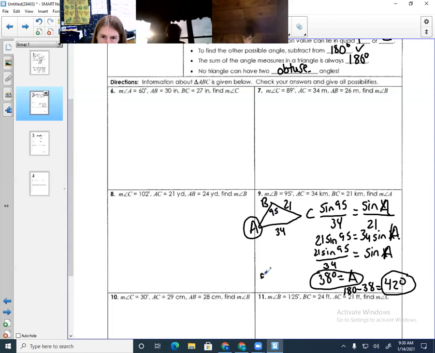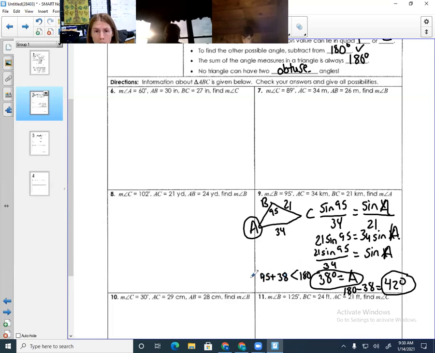So I'm gonna take 95 plus 38, and I'm gonna compare it to 180. Is 95 plus 38 greater than 180 or less than 180? Go ahead and put that in your chat box. What is it, greater than or less than 180? Yep, it's less than. So that means our third angle will work.